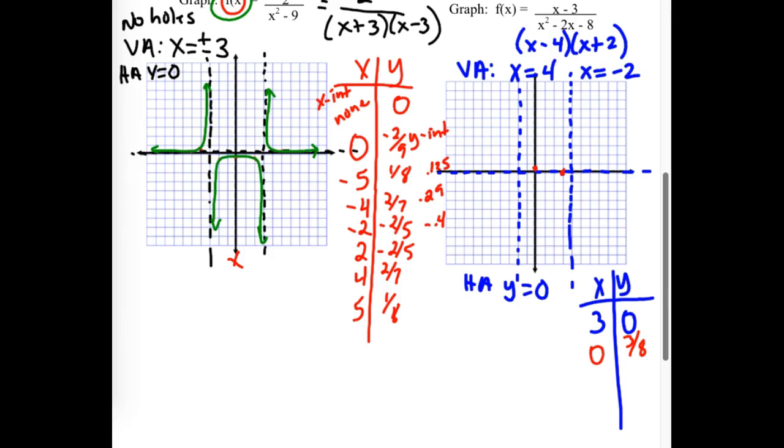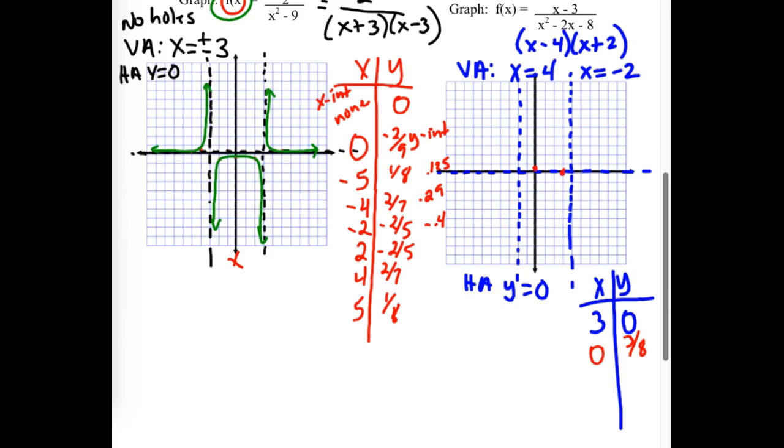Now, just looking at that middle section, on the left part, I'm above the x-axis, and then over here at 3, I hit the x-axis. So my prediction is that I'm going to have to be up on top over here on the left part of it and down below here. I have to cross the x-axis at 3. All right, but we can fill in a few more points to help us out.